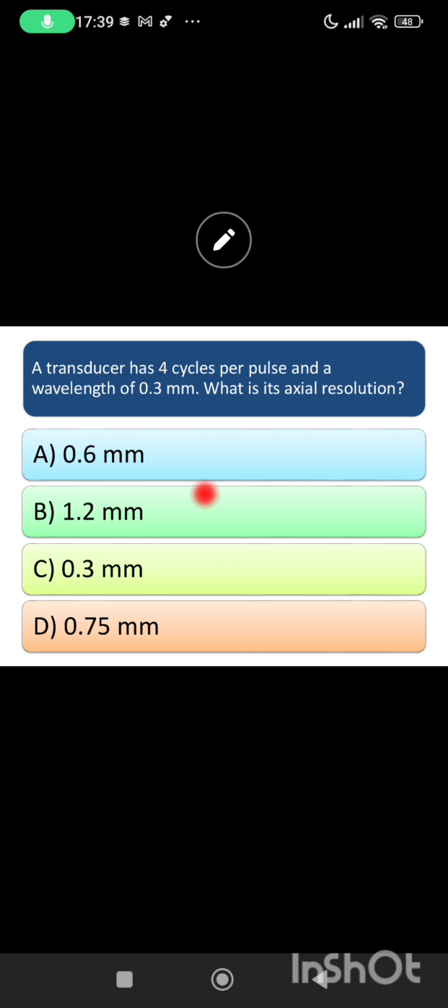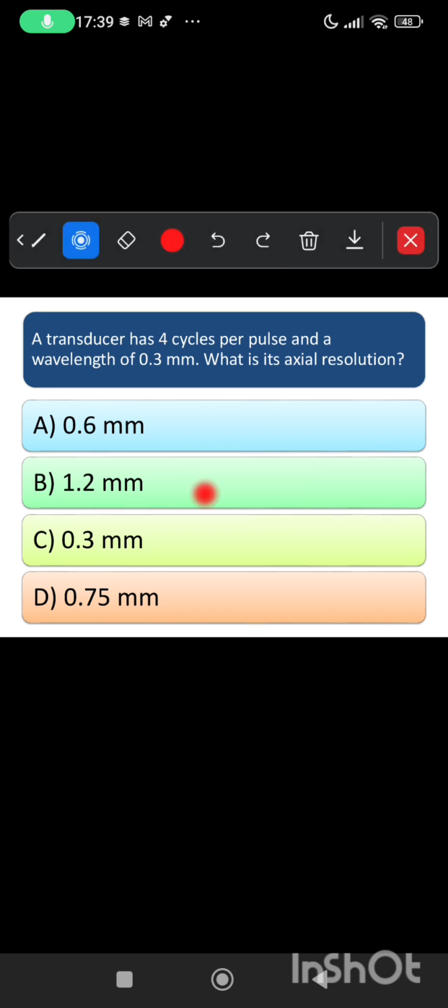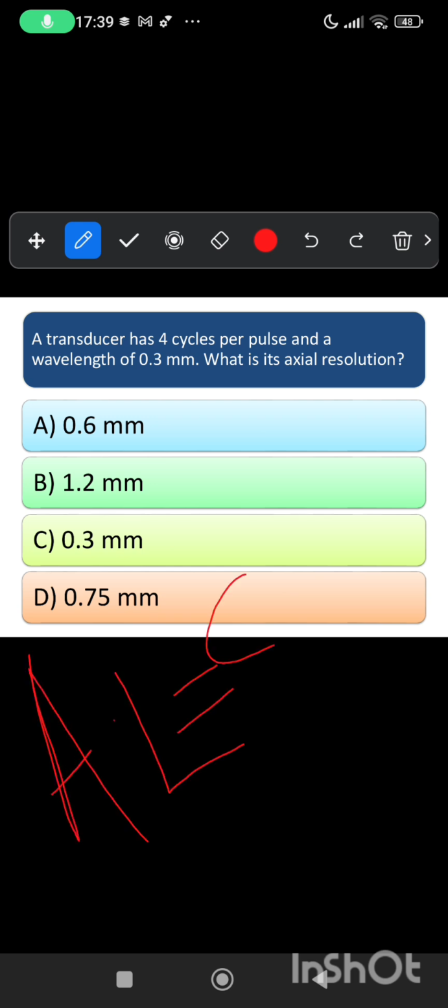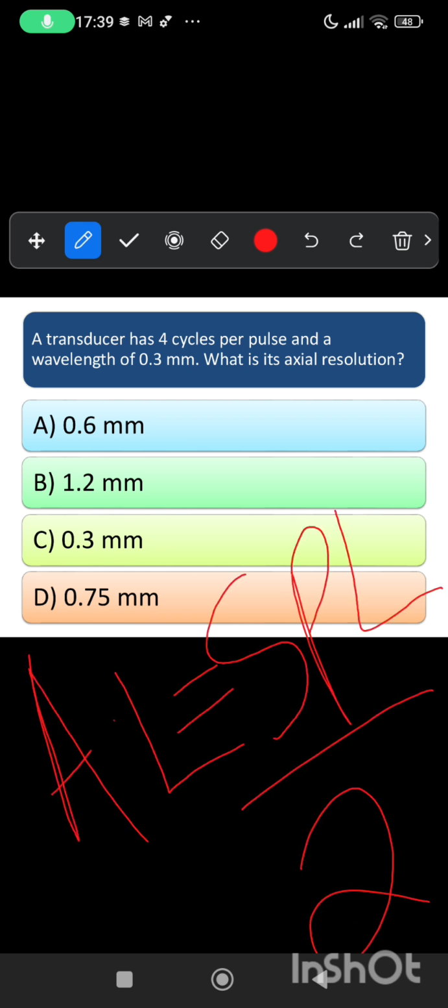What is the formula for the axial resolution? Axial resolution equals SPL over 2. And what is the SPL formula? SPL equals number of cycles multiplied by wavelength.